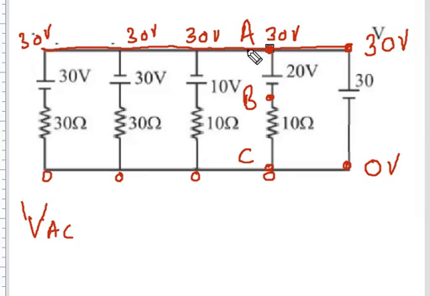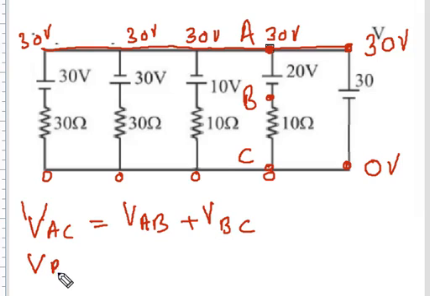VAC is the sum of two potential differences, one between A and B plus that between B and C. If you want the current through any resistor, you need the potential difference across the resistor. So if you want the current through the 10 ohm, I need the potential difference VBC. So I can write VBC is equal to VAC minus VAB.